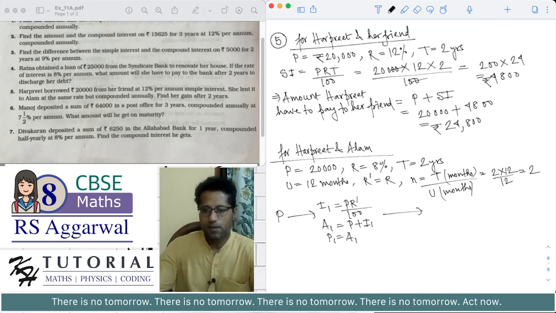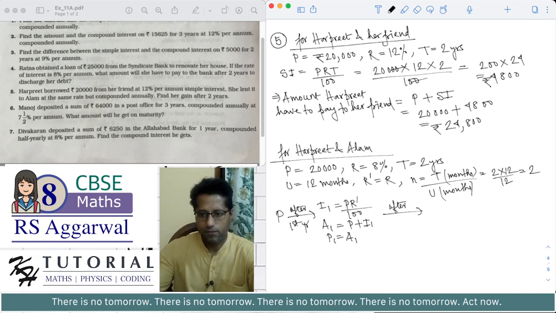And again, at the end of the last unit of time, or the end of the second year, we have I2 is equal to P1 R dash by 100.